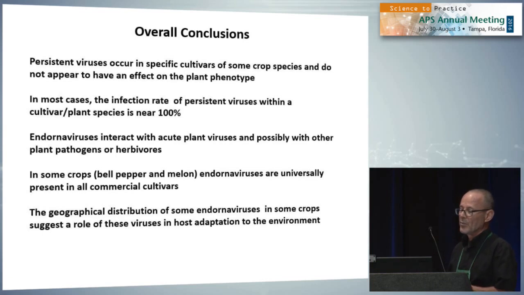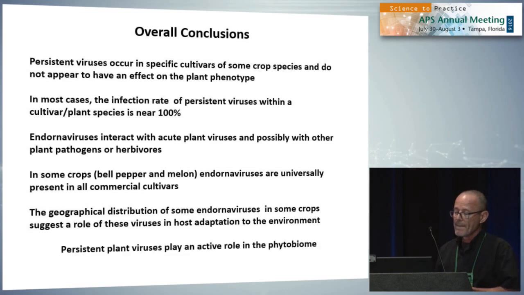The geographical distribution of some endornaviruses in some crops suggests that these viruses might play a role in host adaptation to the environment. And finally, persistent plant viruses play an active role in the phytobiome, and I have a new name for them, viral endophytes.